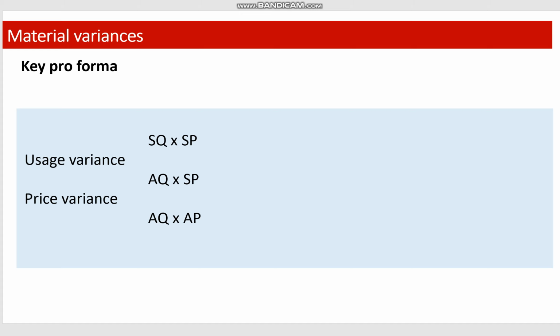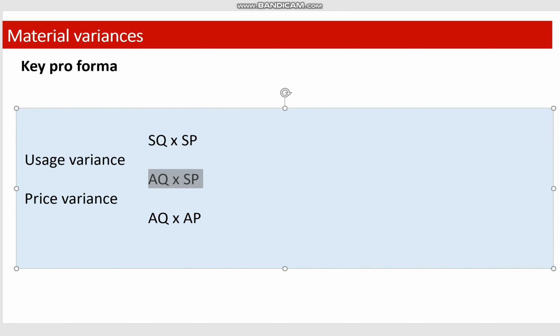And the last line is when we receive the actual results, actual quantity at actual price. And then from the first line, we change standard quantity to the actual quantity without touching the standard price, and we develop this middle line.